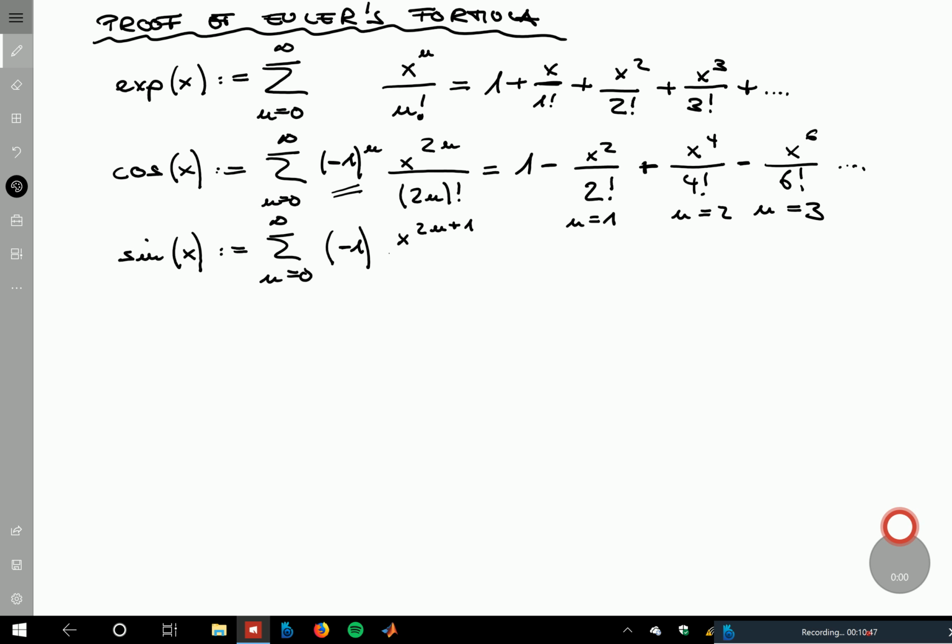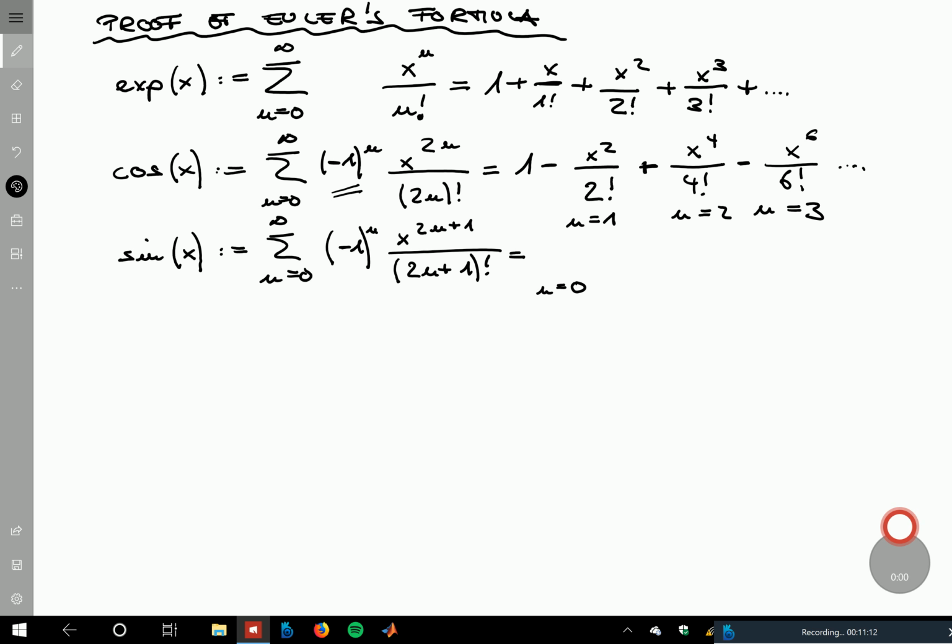And also there it needs to be the factorial of 2n plus 1. So if I didn't do the 0 there, let's do it here. If n equals 0, then we have minus 1 to the power of 0, and to the power of 0 always means 1.